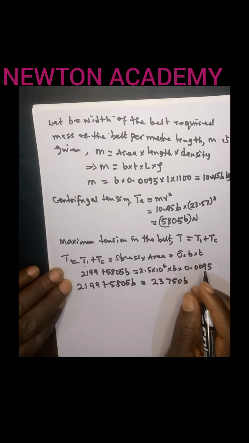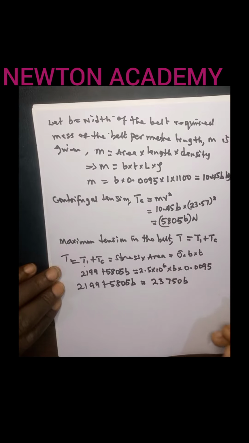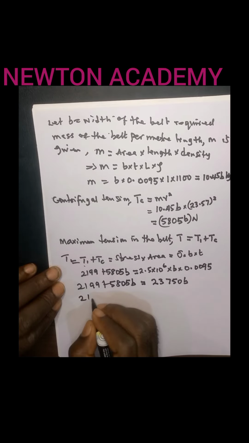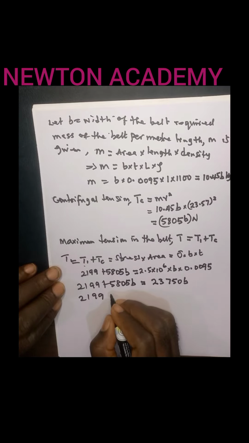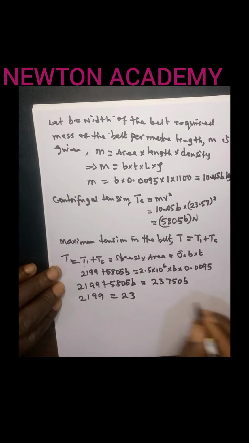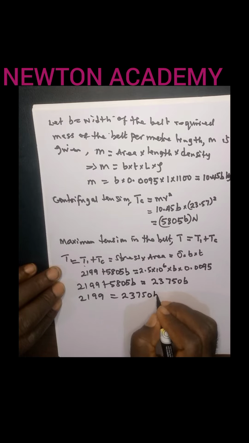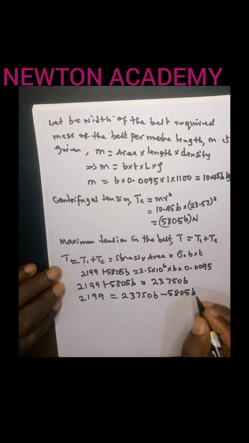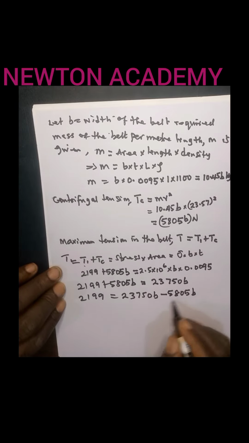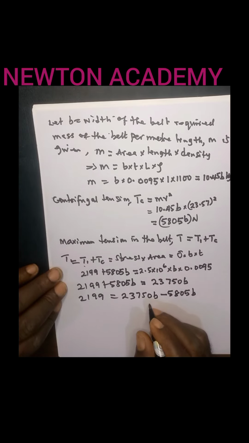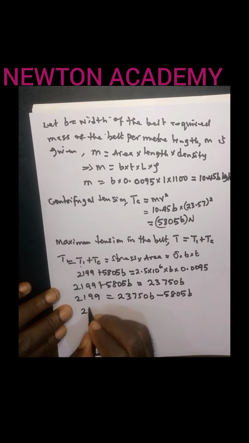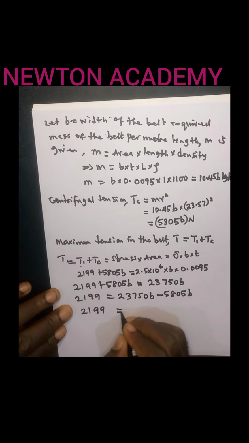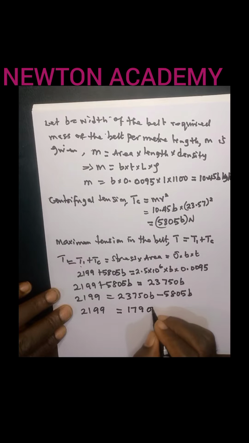Then from here, we collect the like terms. We have 2199 is equal to 23,750 B minus 5805 B. When we subtract, we have 2199 is equal to 17900 B. Then we divide both sides by this.